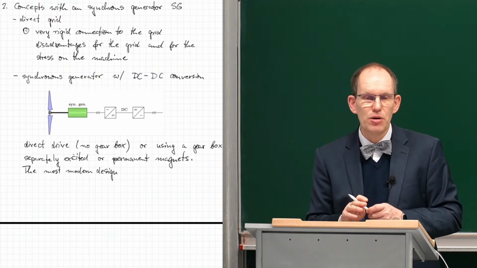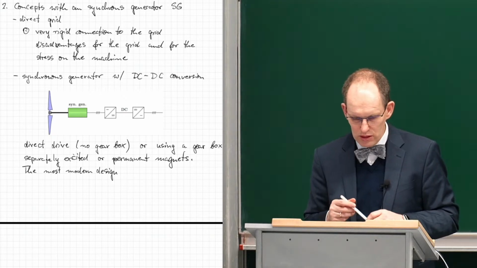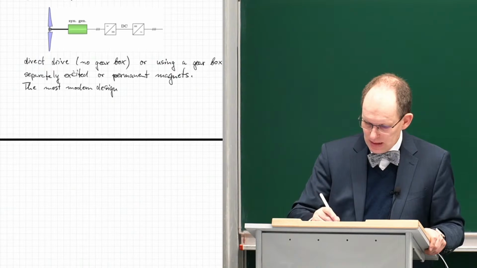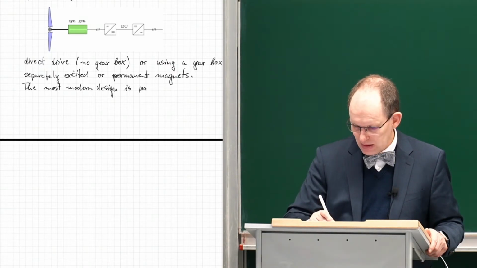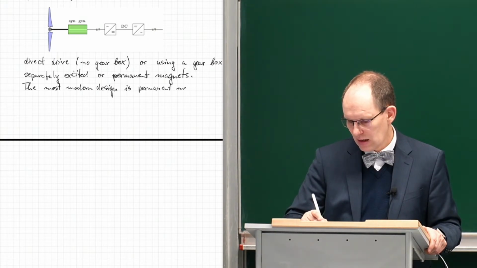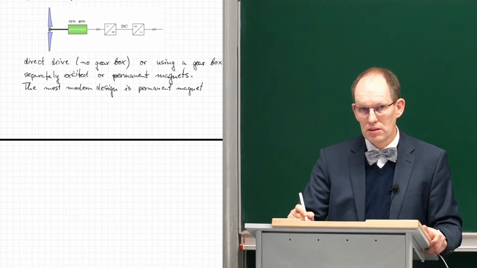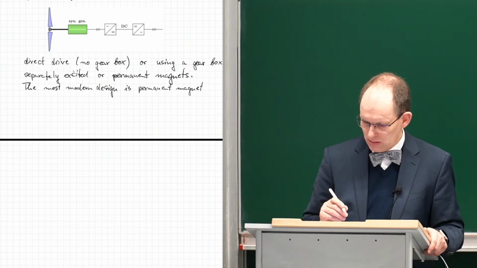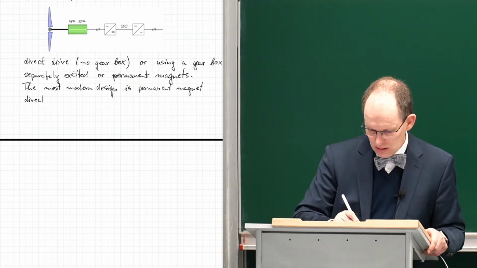And if permanent magnets are used, you can build it much smaller. So the most modern design is permanent magnet direct drive. And all huge windmills, the 10 megawatt class, rely on that technology: permanent magnet direct drive.